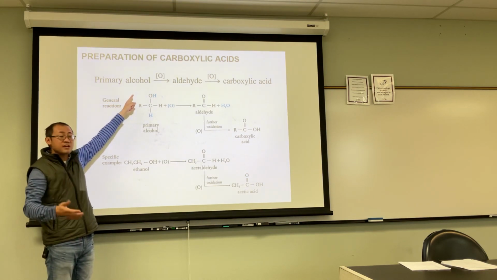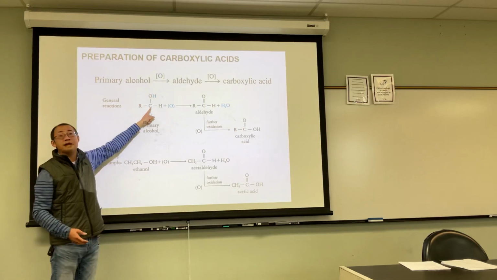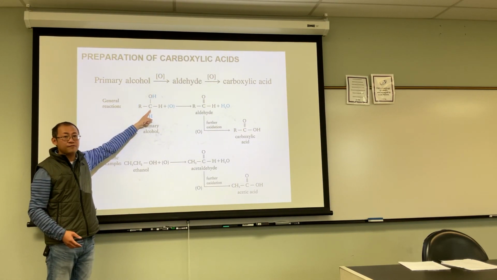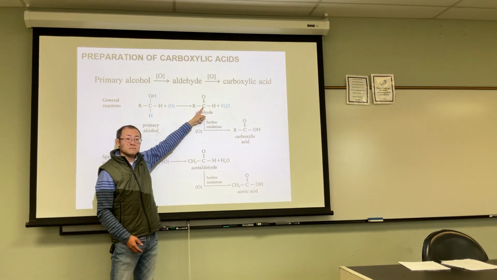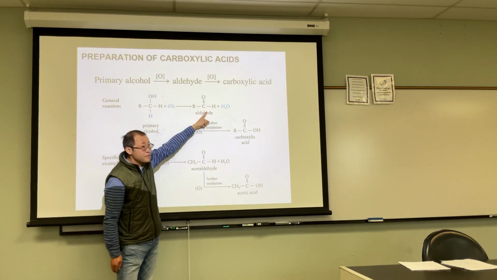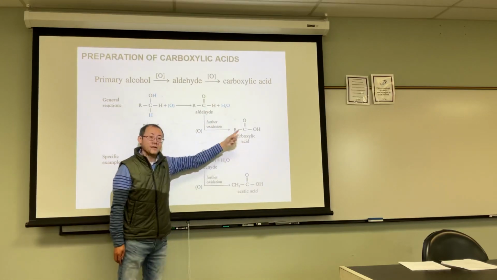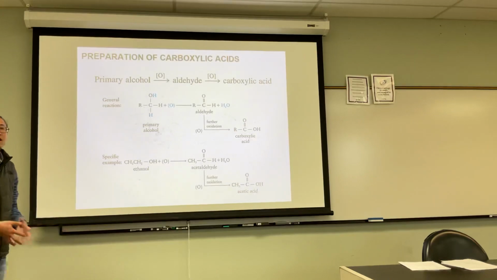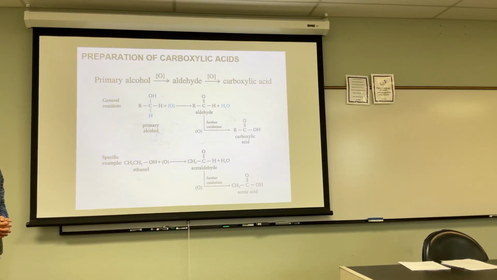To be more specific, from a primary alcohol. A primary alcohol after oxidation will give you an aldehyde, which can be easily further oxidized into a carboxylic acid. This is how we can make a carboxylic acid from a primary alcohol.